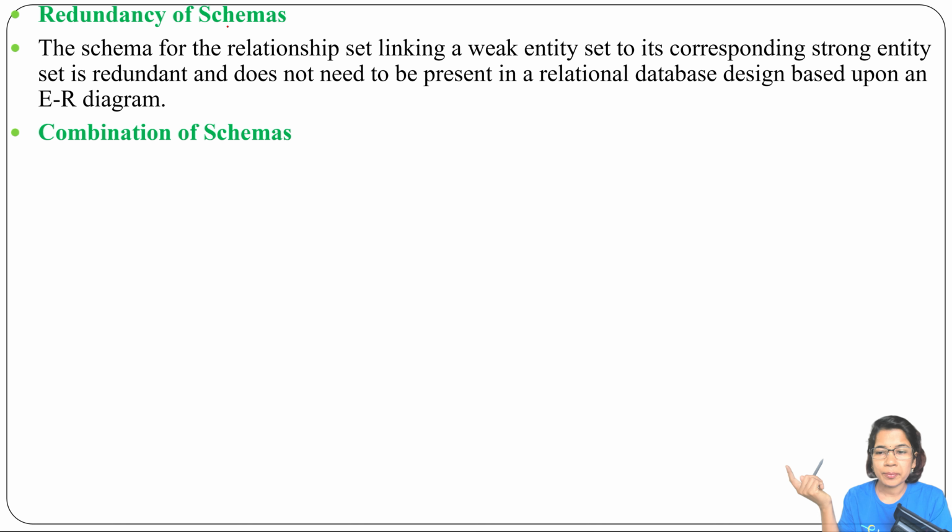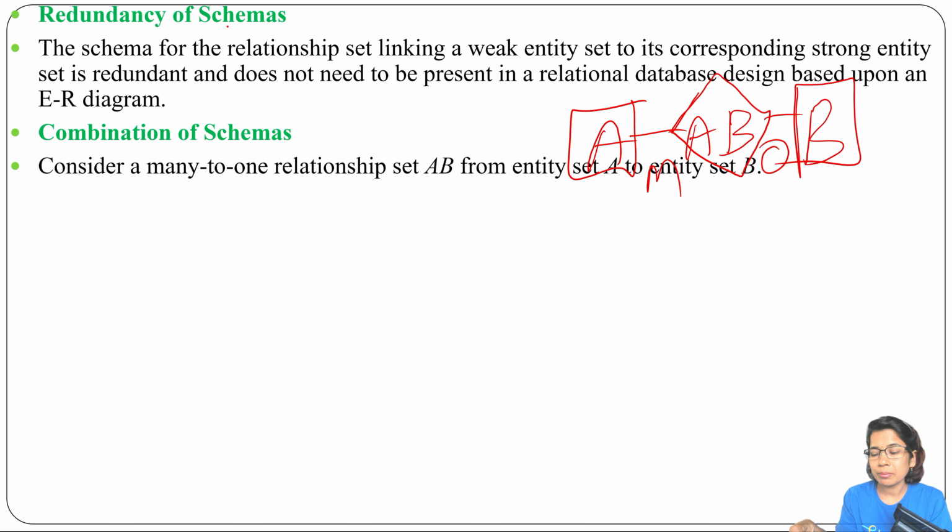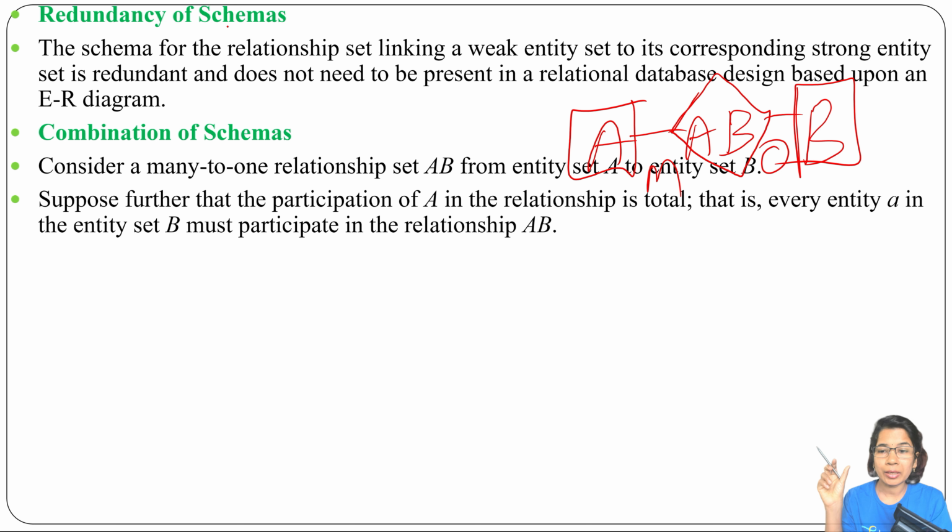Next, combination of schema. There are different types of relationship like one to one, many to one, one to many, many to many. In case of many to one, suppose A is the many side, B is the one side, and there is a relationship AB that combines A with B. Then we can merge this AB relationship with A. Just remember, we can merge many to one and one to many relationship schema with the many side entity set.